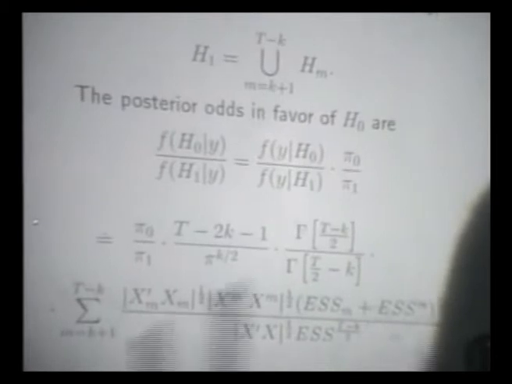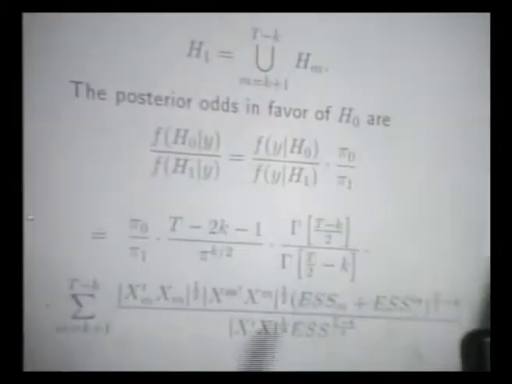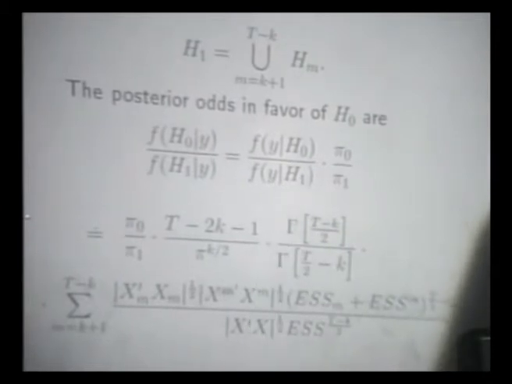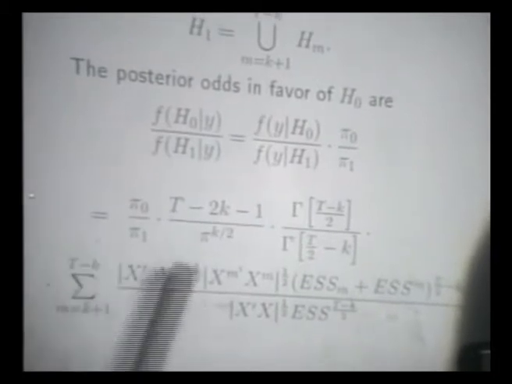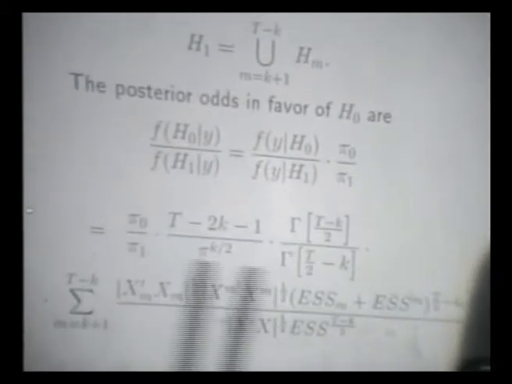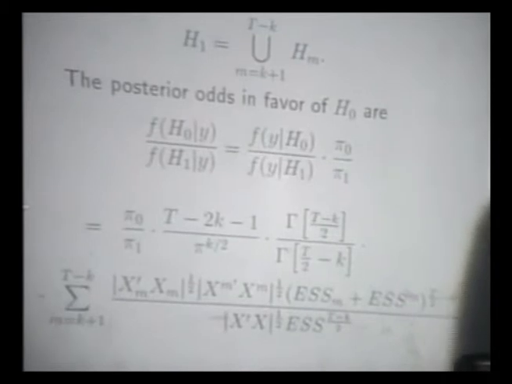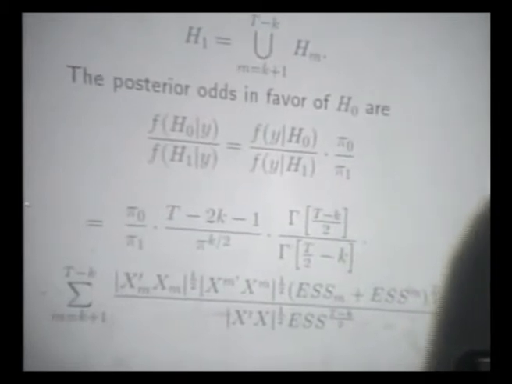And if you plug in the data as I have shown you before, then this is the posterior odds ratio: prior odds ratio times this type of Bayes factor.